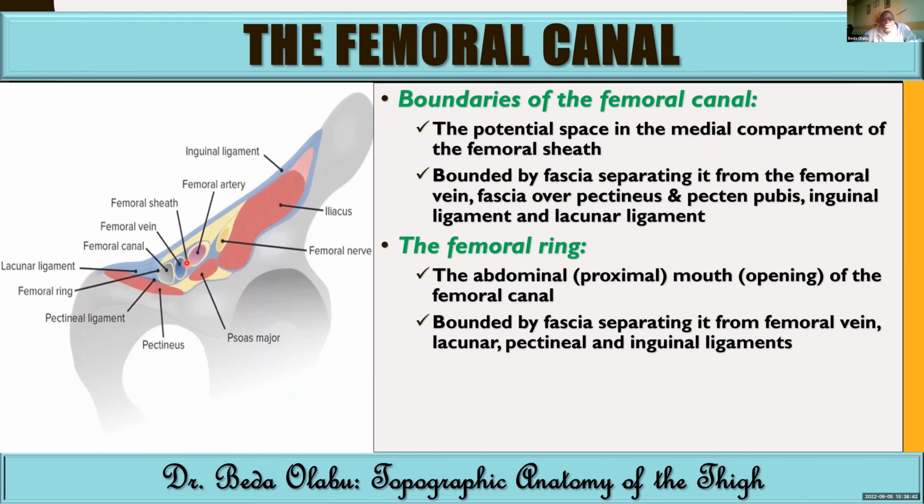In this image, we see that as well. So the ring specifically will have the pectineal ligament posteriorly, laterally the septum separating the ring from the femoral vein, anteriorly the inguinal ligament, and medially the lacunar ligament.